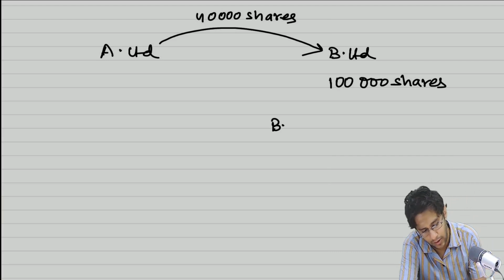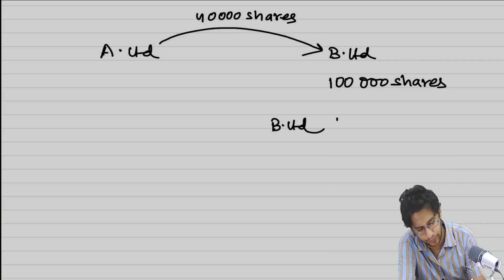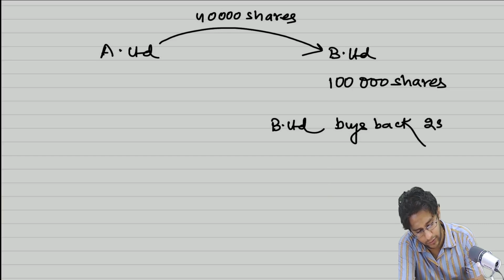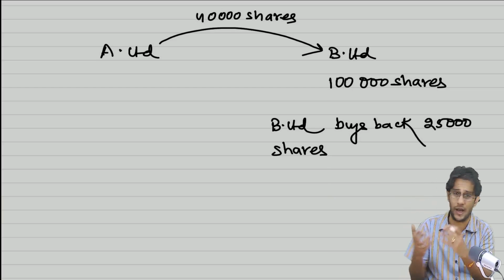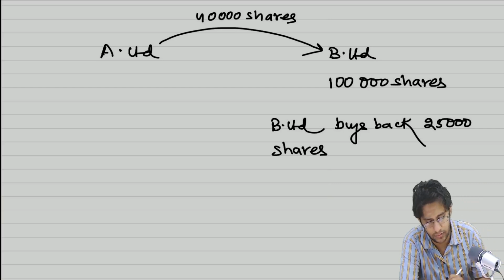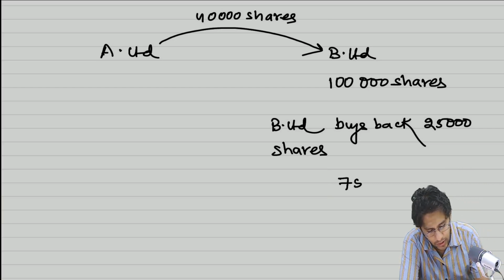Now, B Limited buys back 25,000 shares. Are legally not permitted and all. Don't bother into all that legally. If you want, instead of 1 lakh, I'll make it 90,000. Okay. So as a result, what is happening now?